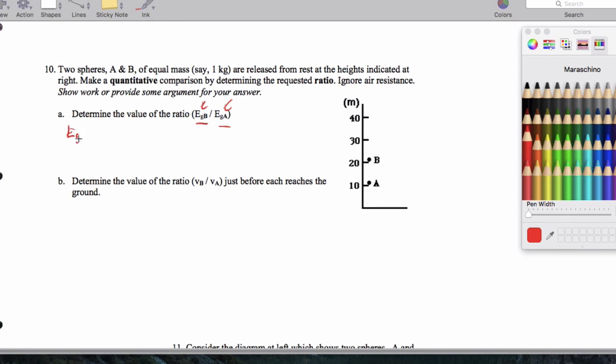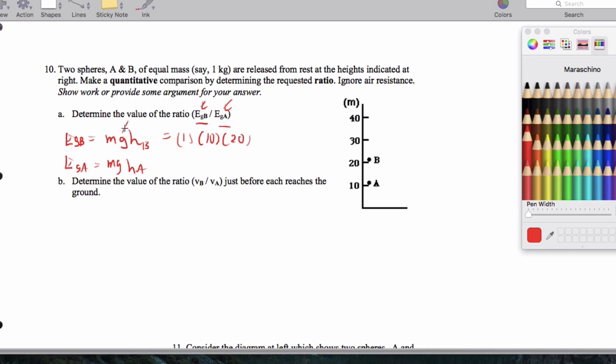So EG at B is going to be MGH at B, and EG of A is going to be MGH of A. So now I put in my numbers, 1 times 10 times H at B, which is 20.